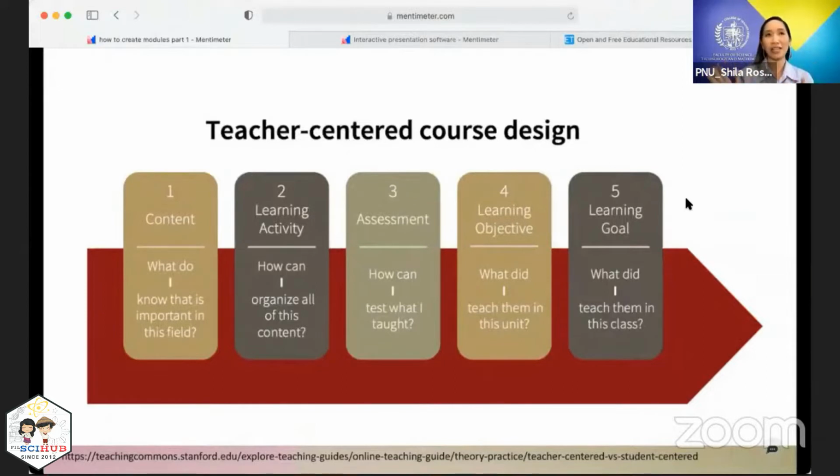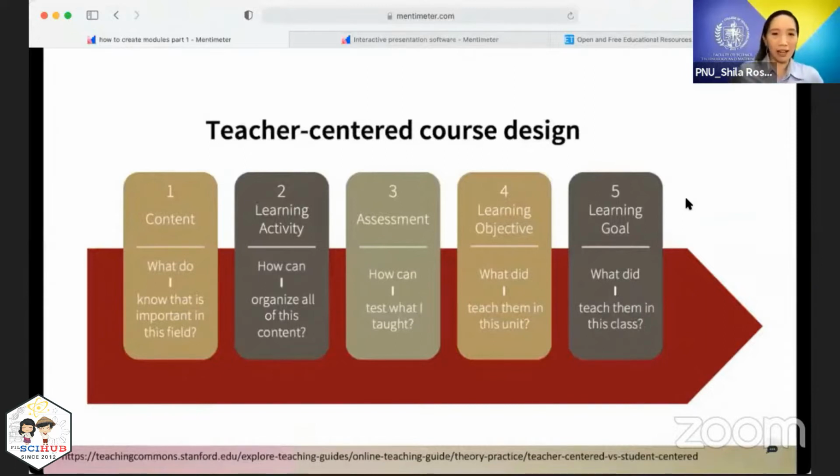What we put in the module is technically how we're teaching or how we plan to teach the particular topic. It's just in a module form or written form. That's how it is. So we plan things, right? We plan what we are going to teach.